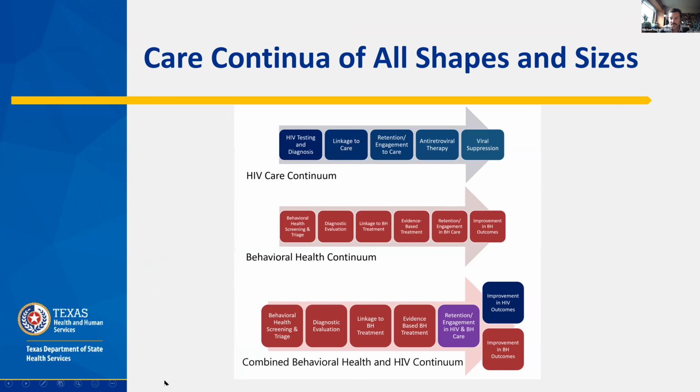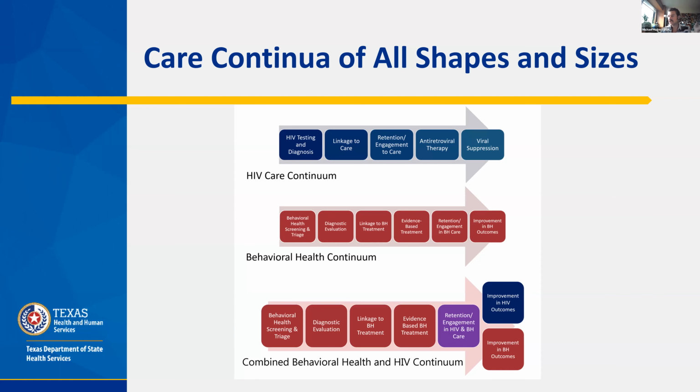I wanted to share this with you because this is an example of how New Jersey created its combined care continuum. So we have our usual HIV care continuum at the top, with our usual steps that we see with the HIV care continuum. So our stakeholder leaders in the state of New Jersey and with the AATC's assistance thought, well, what does this look like for people in behavioral health?